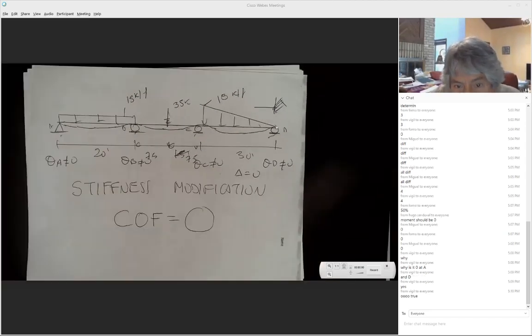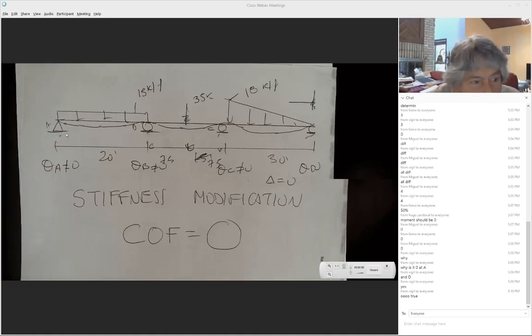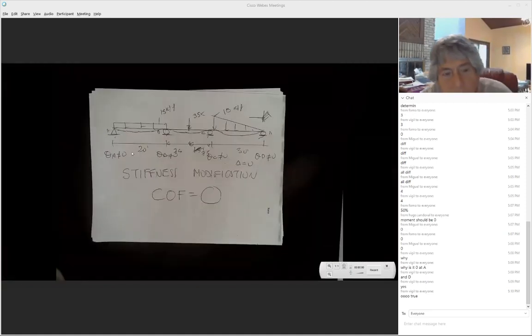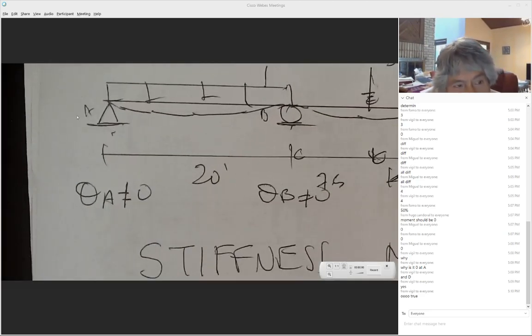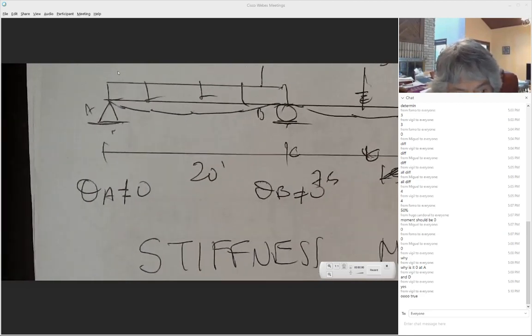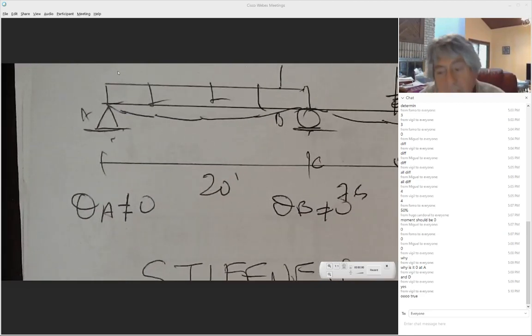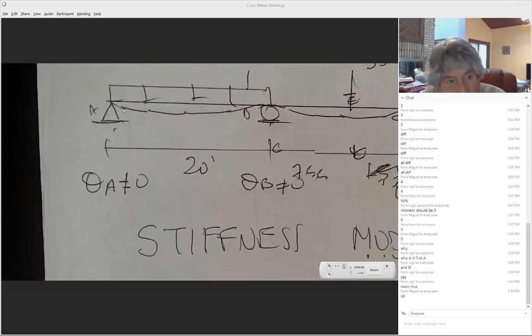If it is a roller or a pin, there is no moment. So when we know this, or if you're solving an exam and you find a moment in here, before you kill yourself, you have to check your computation because there is a computation error.